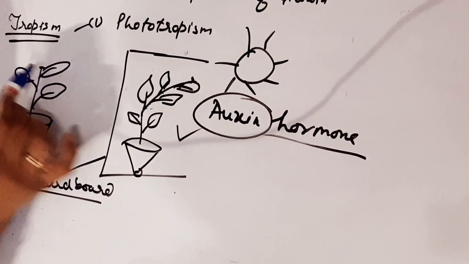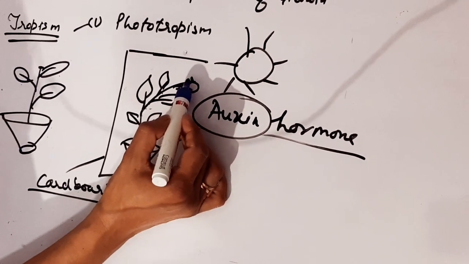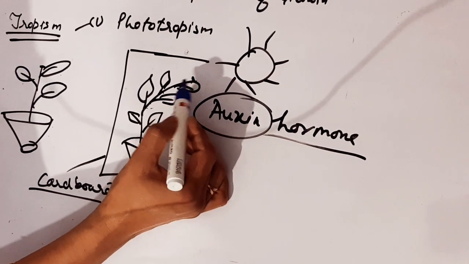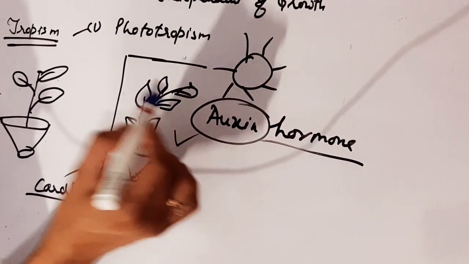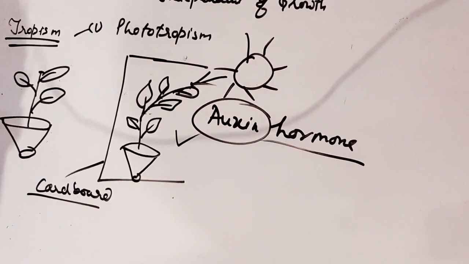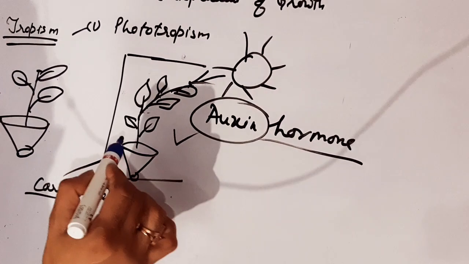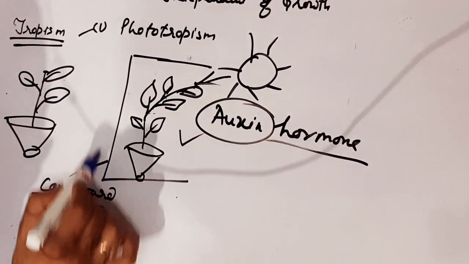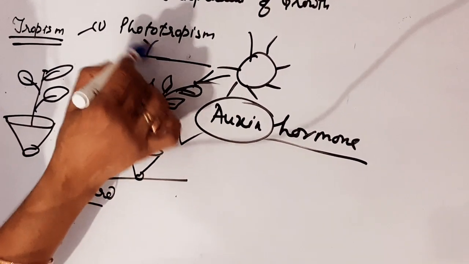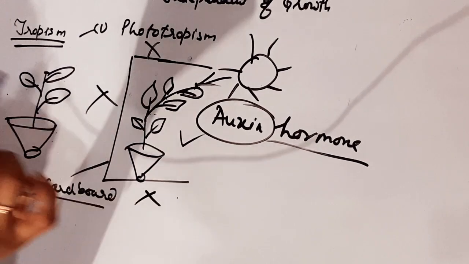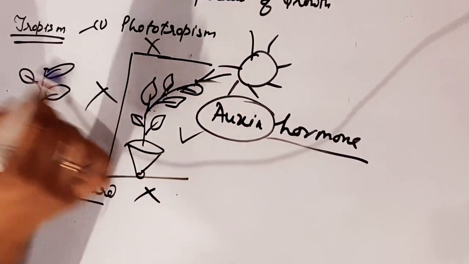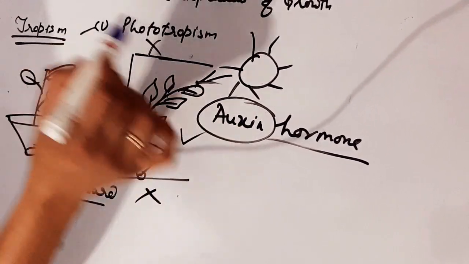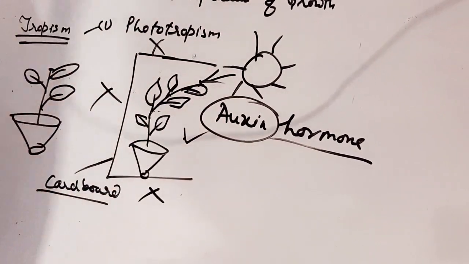So here the new cells are added, and auxin is secreted when the light falls on it. This auxin leads to the growth of the stem, since there was no source of light from this side and this side. Therefore, the stem has to bend towards the sun. Therefore, we observe that the stem is growing in this way.